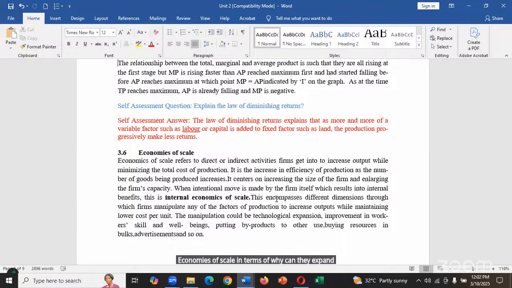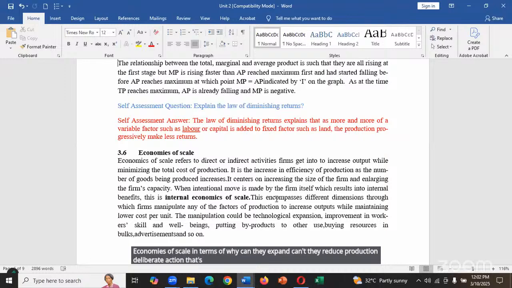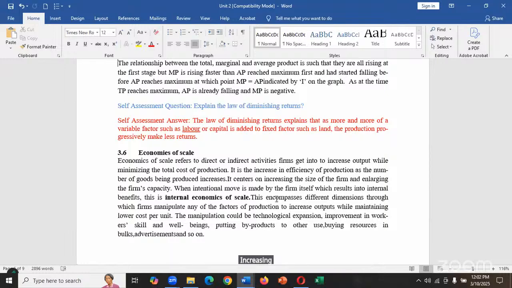Can they reduce production? It is the deliberate action that firms get into to increase their output while trying to minimize their cost. It is the increase in efficiency of production as the number of goods being produced increases. It centers on increasing the size of the firm and enlarging the firm's capacity.